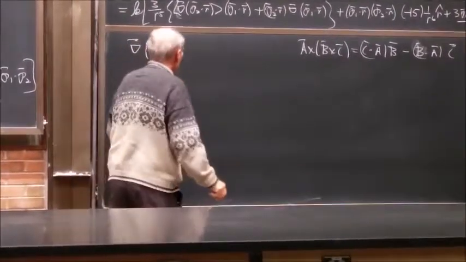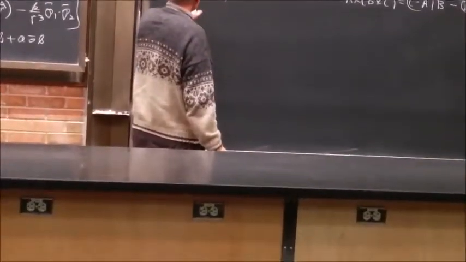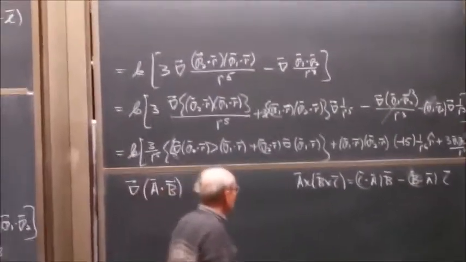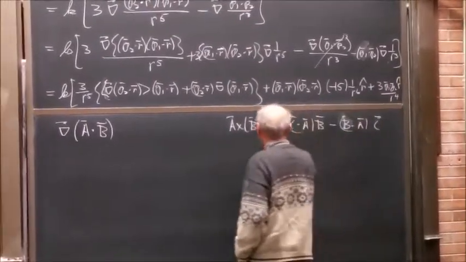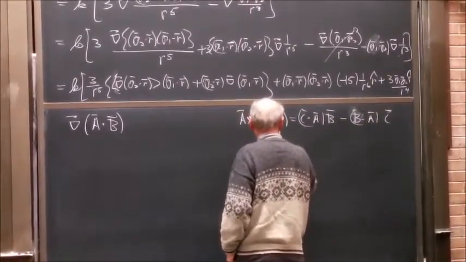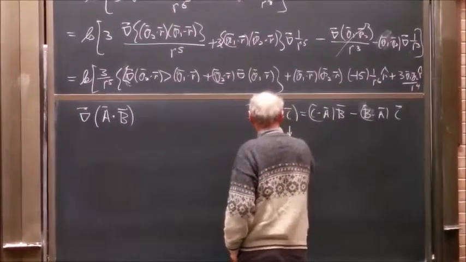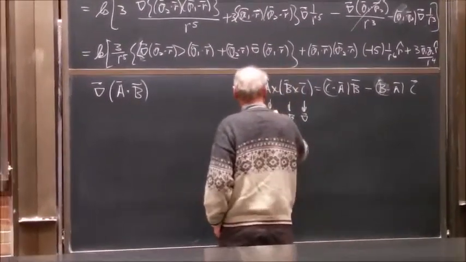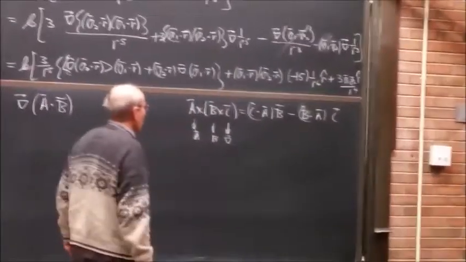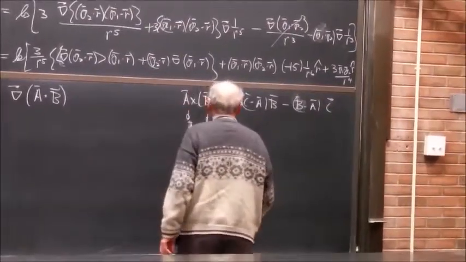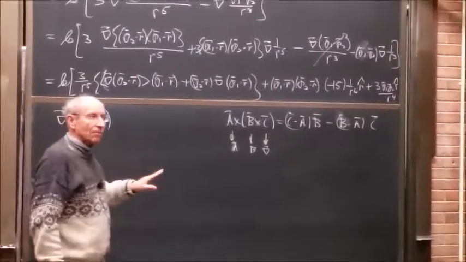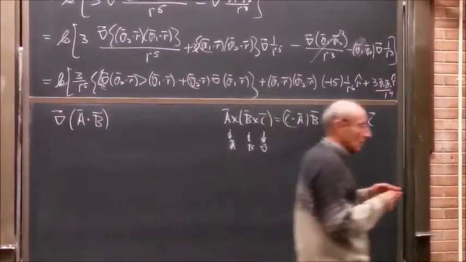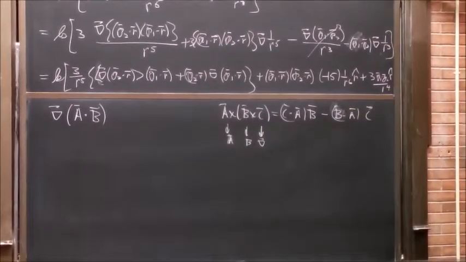Now, since we want to end up with divergence of A cross B, we better make C grad, and we can take that to be B, and that to be A. Okay? So, we know that we have to apply this to both A and B, because that's the rule for derivatives. You have to apply it to both of them.